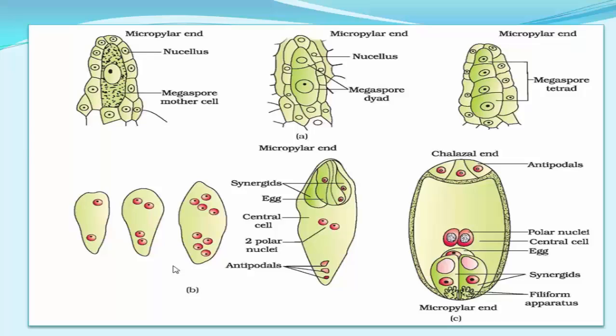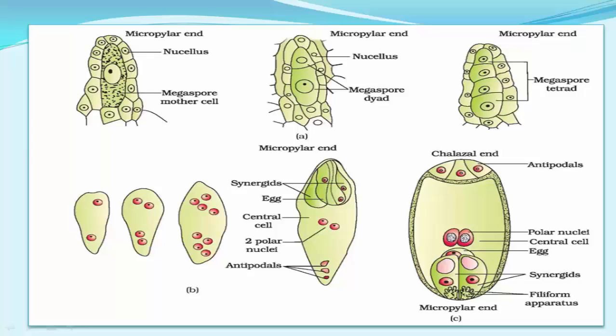What is that? At the chalaza, 3 haploid cells occupy and they represent the antipodals. At the micropylar end, again 3 cells are arranged representing the egg apparatus. And this egg apparatus consists of 3 structures. All of them are haploid. One is the female gamete egg and the remaining 2 are synergids.